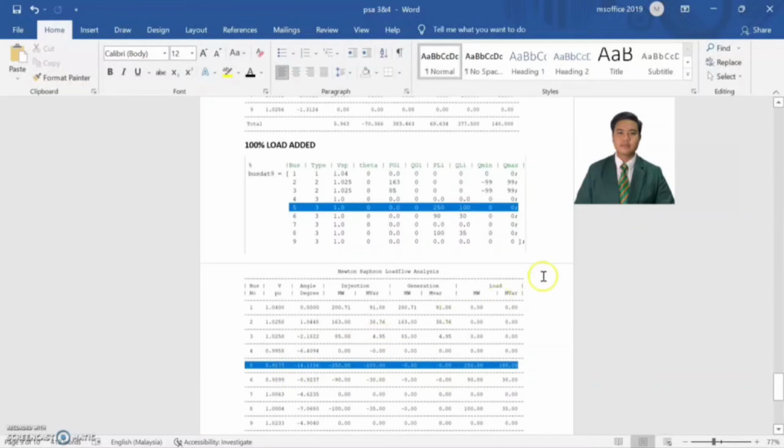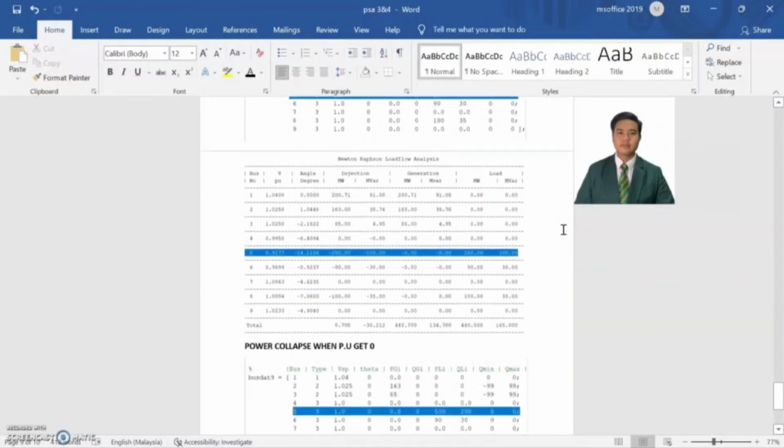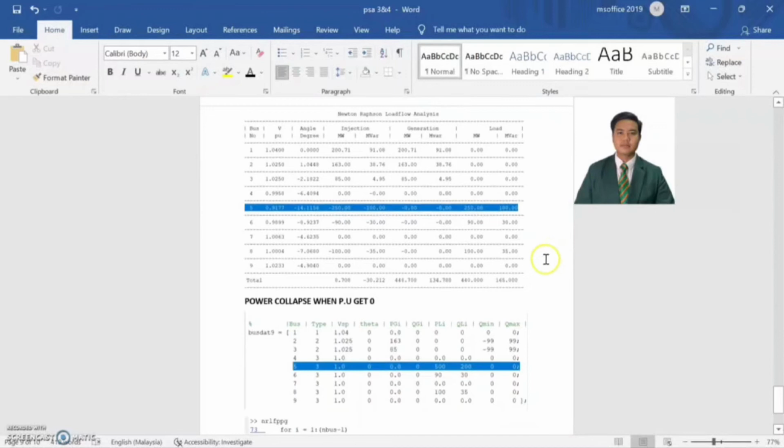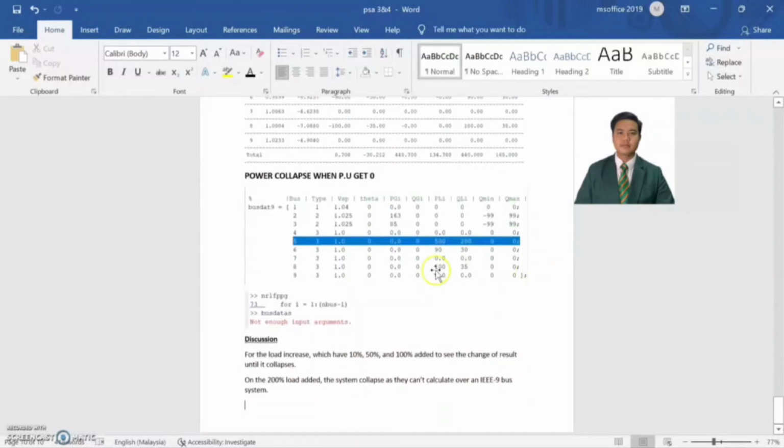Through this experiment, in which we add load to the system, we can see that the voltage PU decreased. We then tested directly with 200% of the load added to the system, and we can see here that the system collapsed.